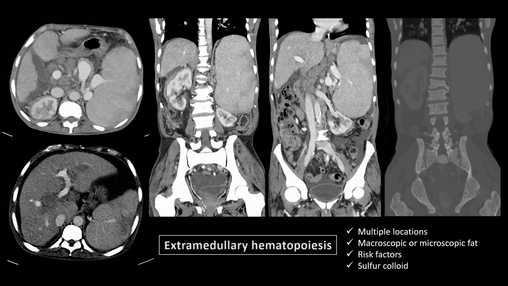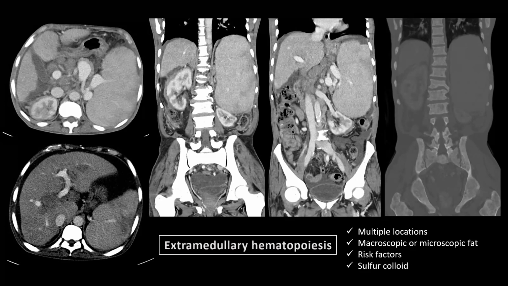So the clues for the diagnosis of extramedullary hematopoiesis are the involvement of multiple locations that are specific for extramedullary hematopoiesis, and the presence of risk factors. So this patient has primary myelofibrosis that is replacing the bone marrow and causing the extramedullary hematopoiesis. Other risk factors include lymphoma or leukemia patients, and other lymphoproliferative diseases.